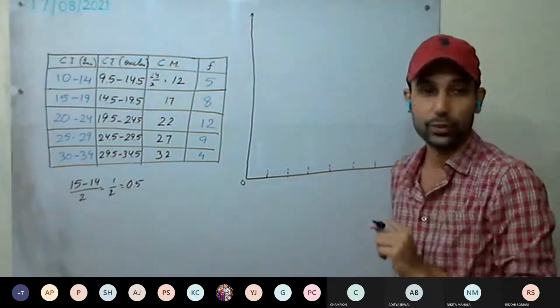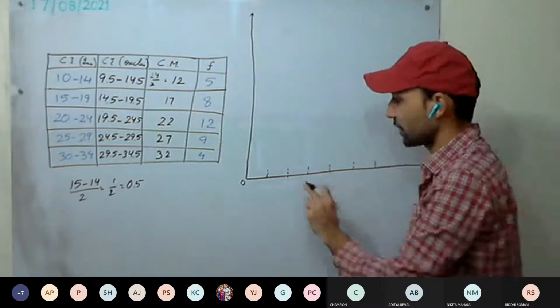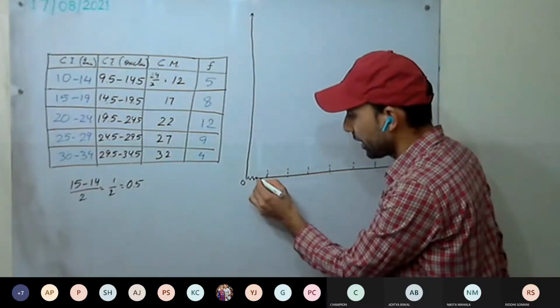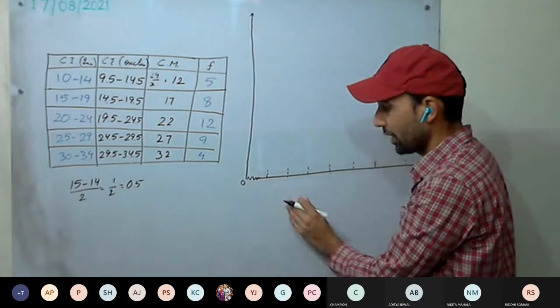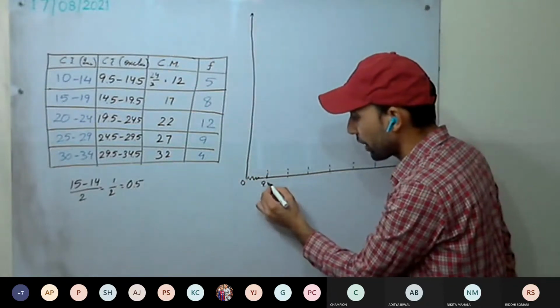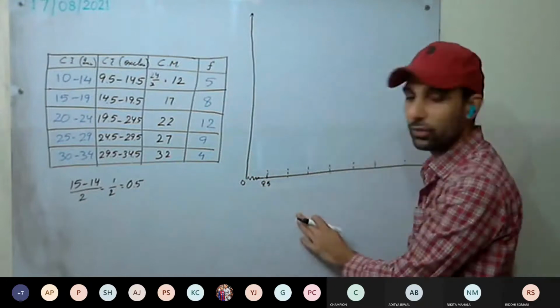See here what we are going to do. We'll provide a breaking line like this. It means we can start from 9.5. The first bold line we are taking as 9.5.